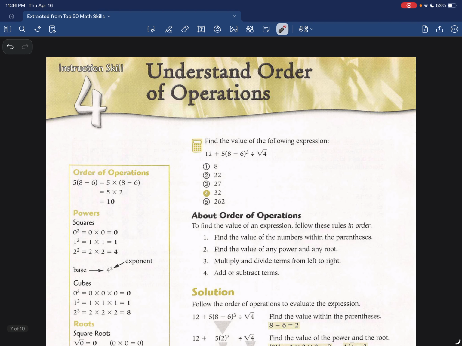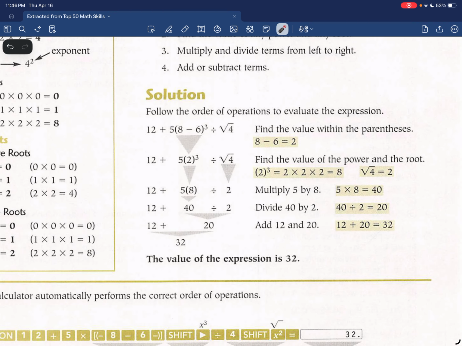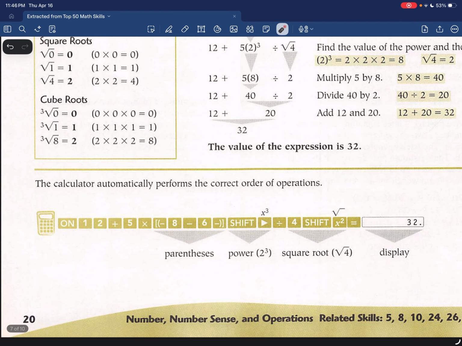Personally, I would rather not use a calculator for these because I find that I make more mistakes typing than I do with the math. So I'm going to show you how to do this without the calculator. The bottom of this page shows how to do it with the calculator.